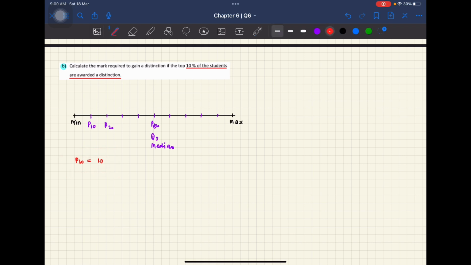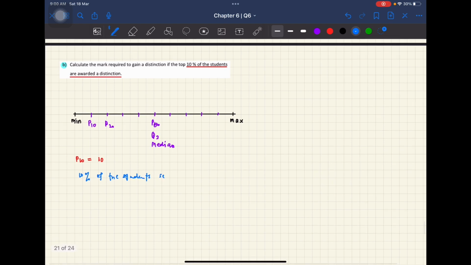Okay, so dekat sini dia nak cakap yang 10% of the students score lower than 10 marks.